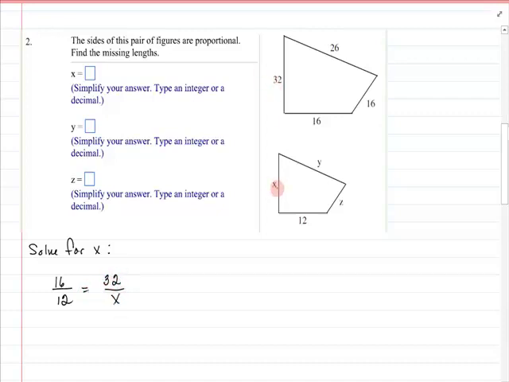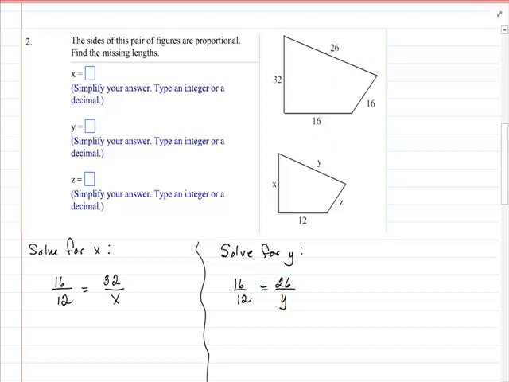32 to x. So 16 to 12 I'm going to have to use over and over, and this one is 32 is to x. Now I think I'll go ahead and say solve for y, what am I going to have to do? Well, I still need 16 is to 12 because that's the only pair that I have with the y. It's up here. So 26 is to y.